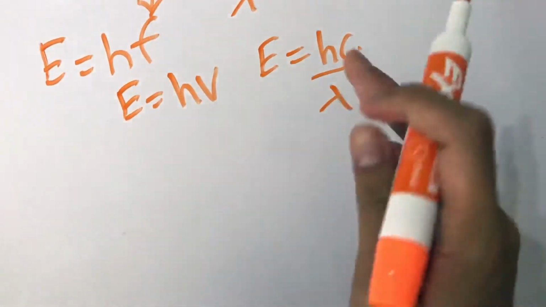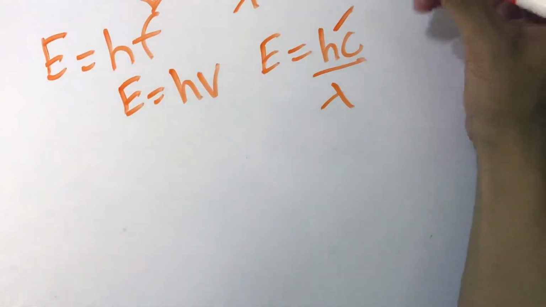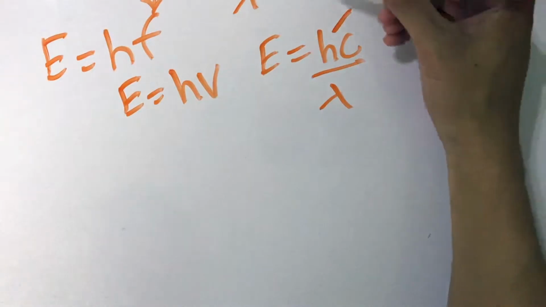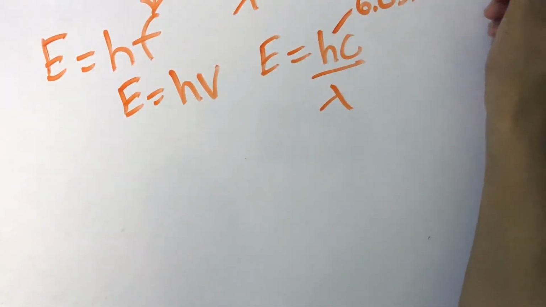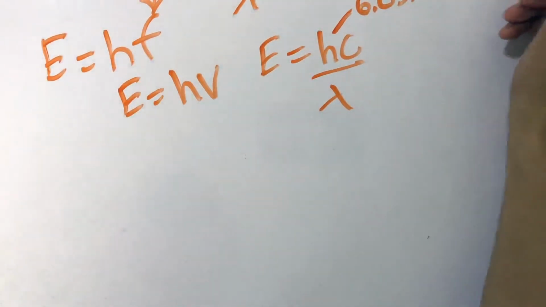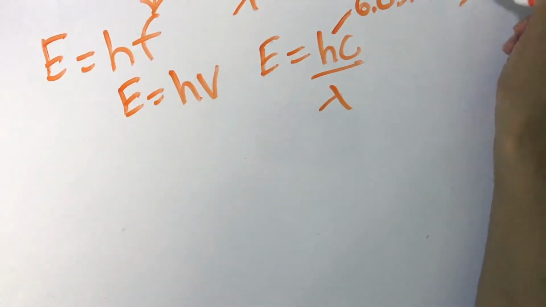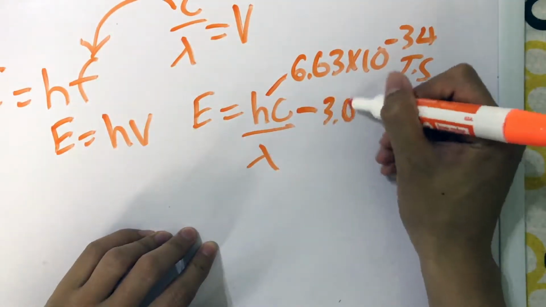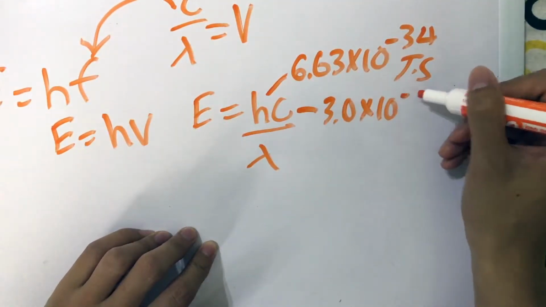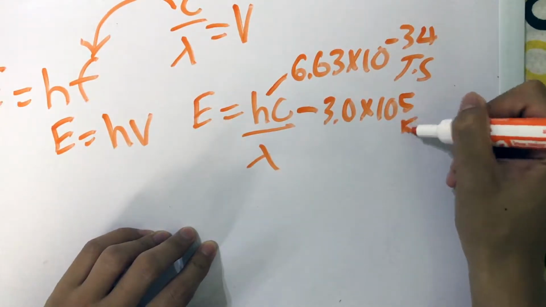And all we really need to know is that h is a constant, and that's approximately 6.63 times 10 to the negative 34 joules times second. And c, as we know, is 3.0 times 10 to the fifth kilometers per second.